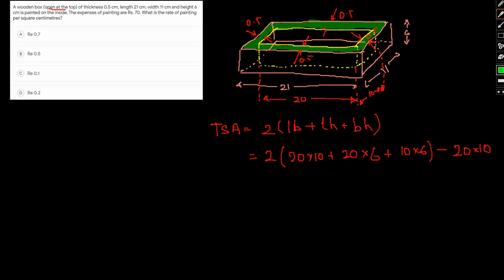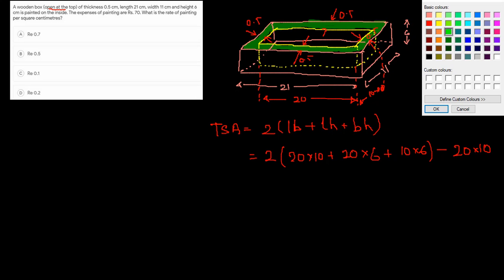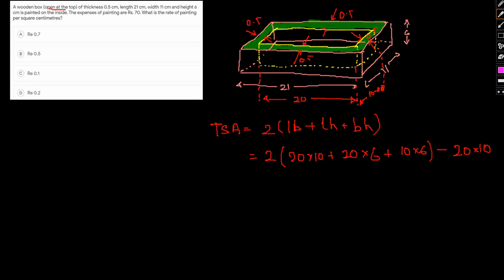Let me just highlight the same as well. So we need to remove this particular space. This top we have to remove because in the total surface area we are considering a closed cuboid. But we have to remove this purple part.